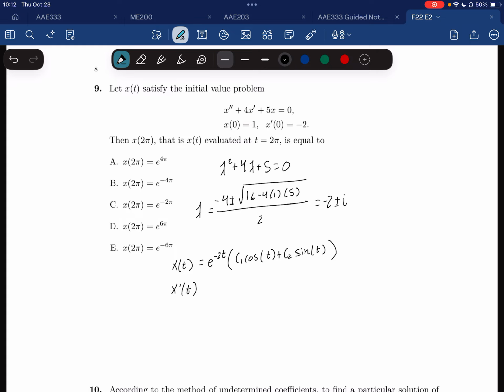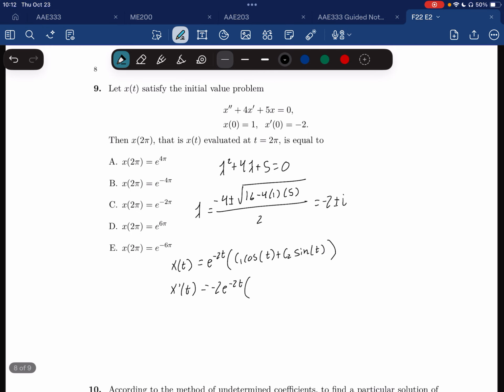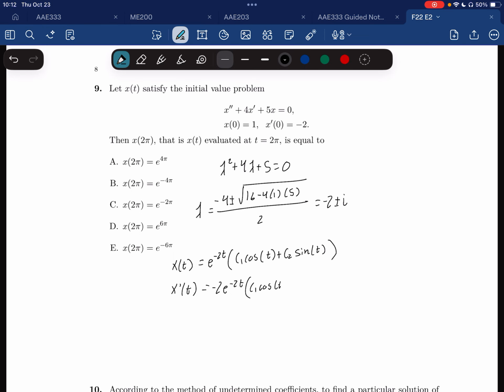So we're going to say, derivative of e to the minus 2t, so minus 2e to the minus 2t times everything inside, plus e to the minus 2t, and the derivatives are everything on the inside, which is minus c1 sine t plus c2 cosine t. Right.